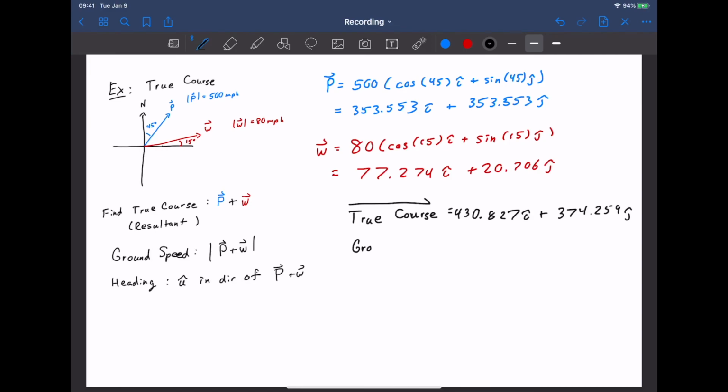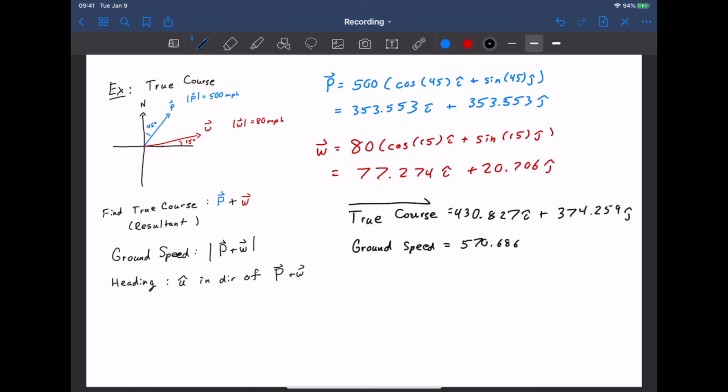Ground speed. You're just finding the magnitude of that. It's not going to be the prettiest number you've ever seen in your life. Make sure you take the square root. 570.686.